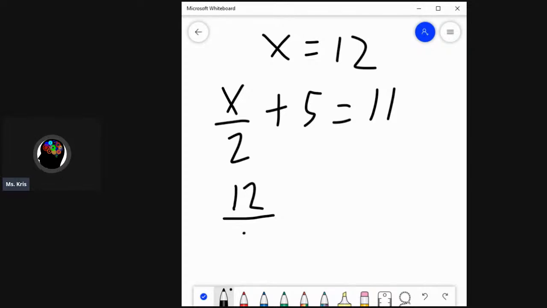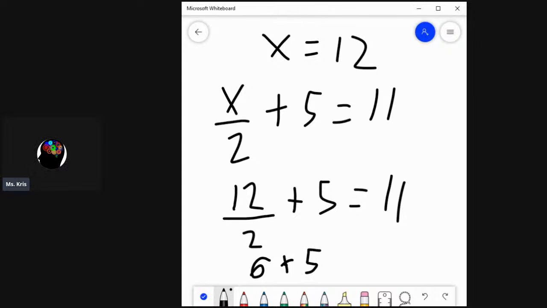So 12 over 2 plus 5 equals 11. 12 divided by 2, because of order of operations, is 6, plus 5 equals 11. And of course, 11 will equal 11. And that is how we can check our answers. Any questions?